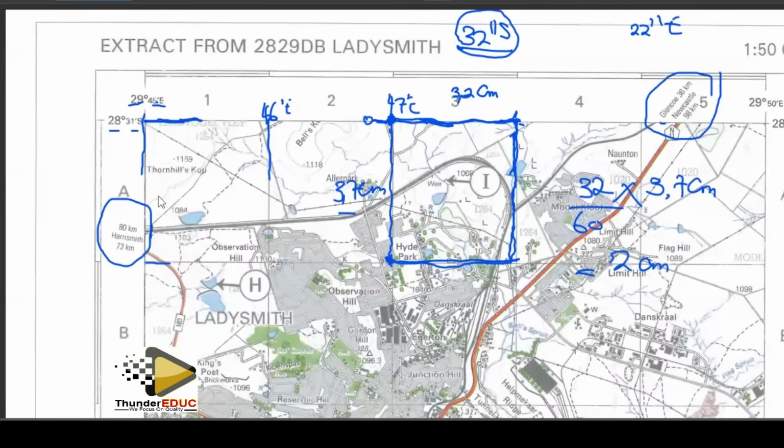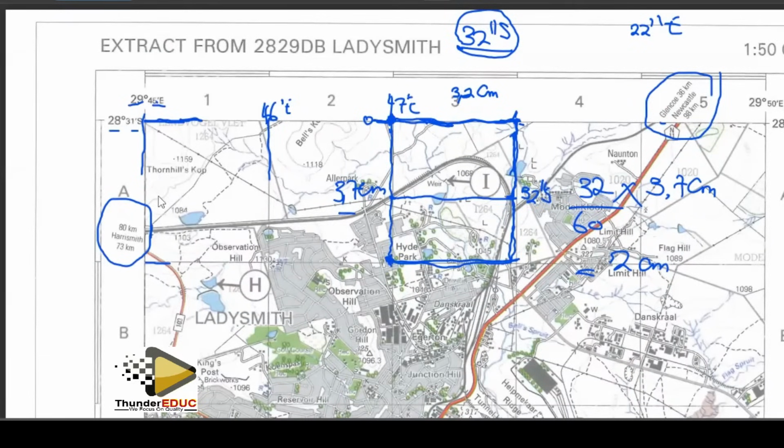My 2 centimeters came somewhere here, out of 3.7. So you now measure again on the other side, or if you can draw a parallel line, just draw straight, cut across on the line of 2 centimeters. That is where 32 seconds to the south is for latitude.